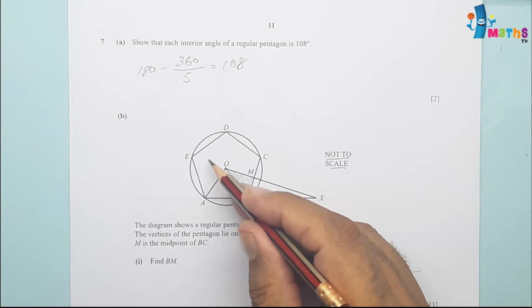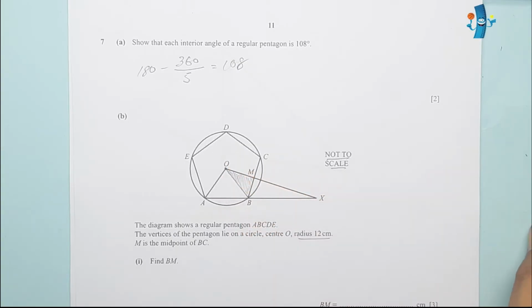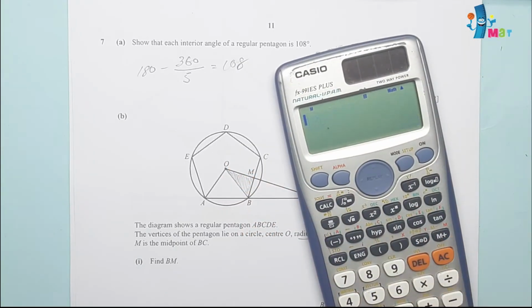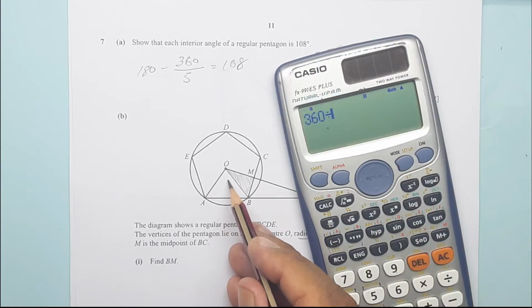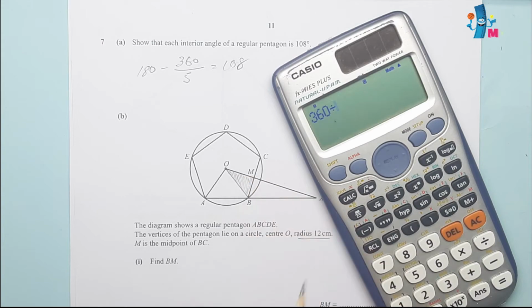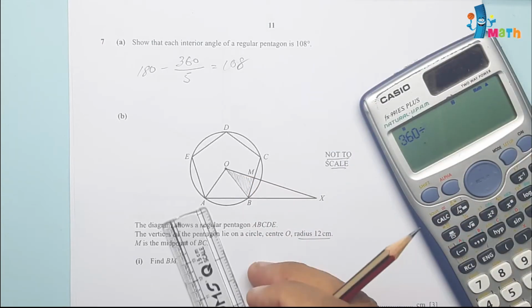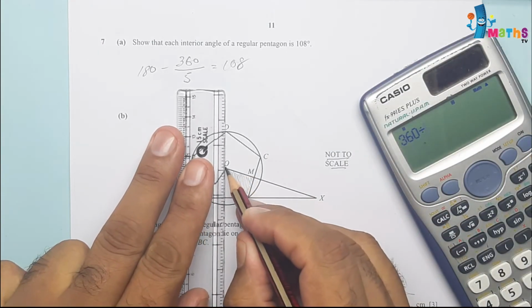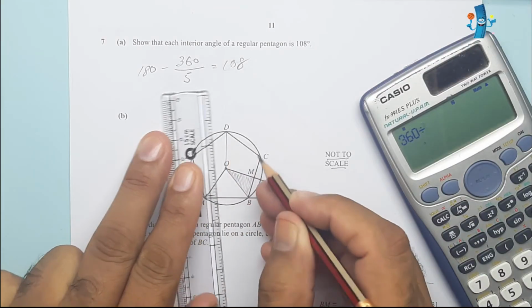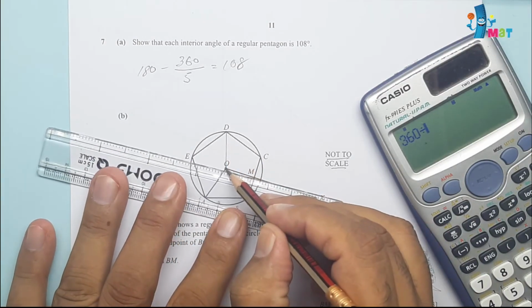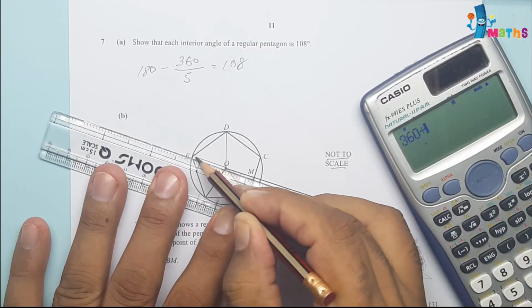If we check, the angle around the center of the circle will be 360, so 360 divided by 5 triangles. If I complete all the 5 triangles, one will be this one and the other one will be this one.